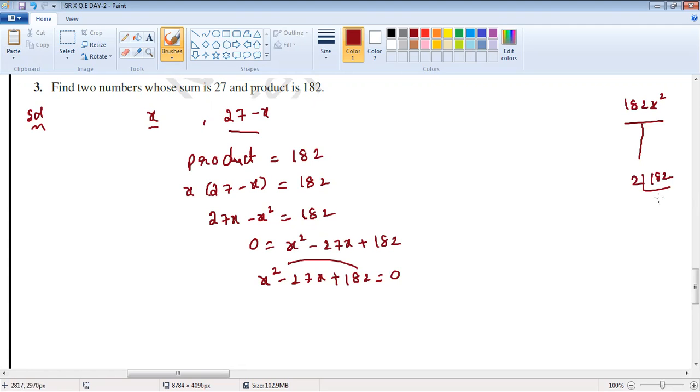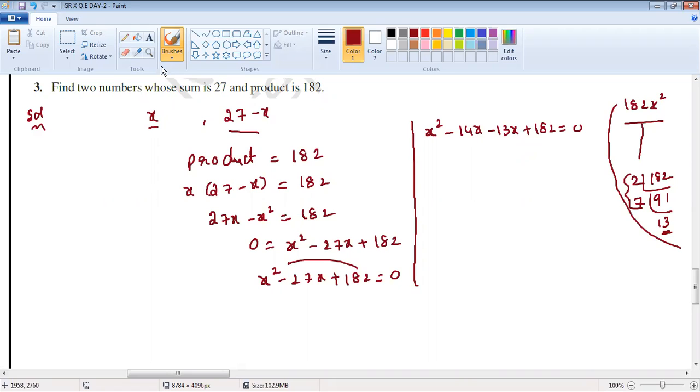So 2 into 91, then 7 into 13. So 2 sevens are 14 and 13. See, 14 and 13 together make 27. So we can take it as x square minus 14x minus 13x plus 182, which is equal to 0. Got it?